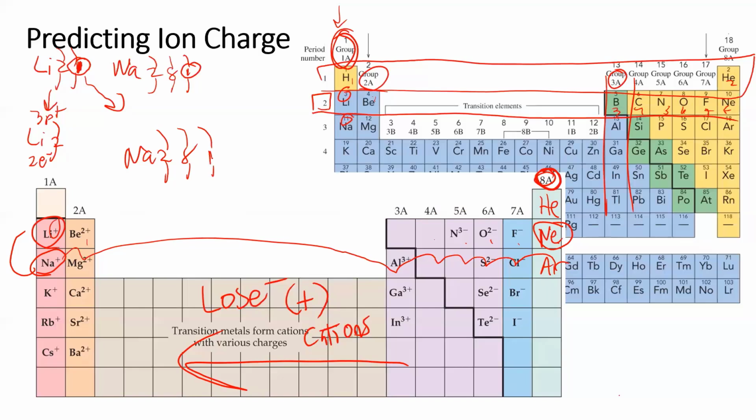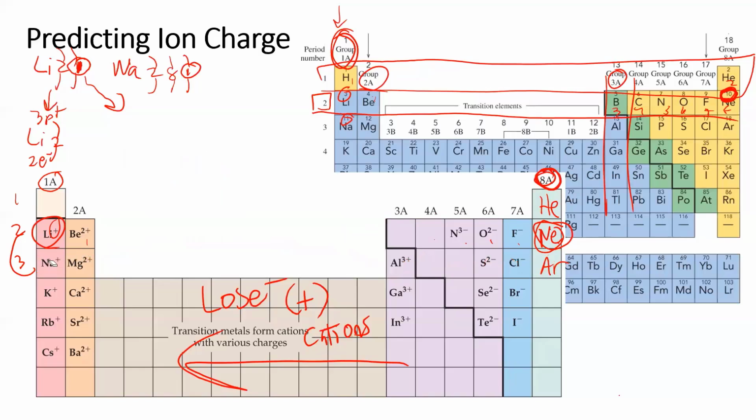How do I know that? Period 1, period 2, period 3, so it has 3 shells. It's in group 1A because it has 1 valence electron. If I get rid of this 1 electron, who am I like? Neon, because neon has 10 electrons, 2 in the first shell, 8 in the second. So it's easier for sodium to lose 1 than gain 7.